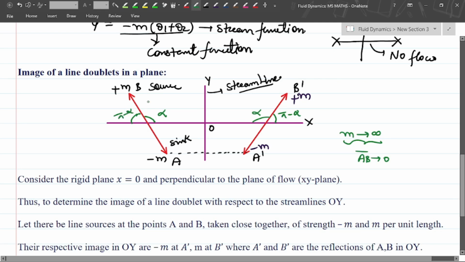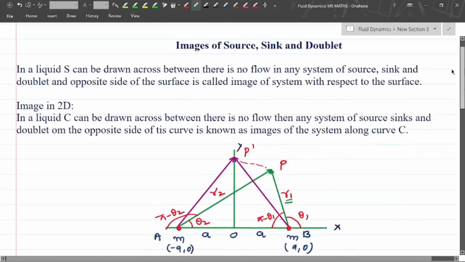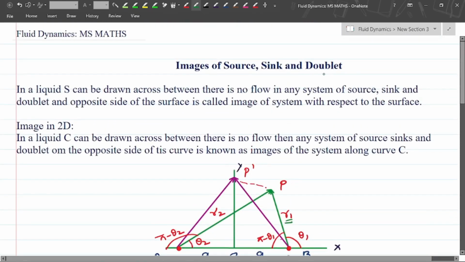So you can understand that the angle is alpha with this, and this is also alpha. This is the concept. I hope you are getting the point: what is the image of a source, sink, and doublet in fluid dynamics?